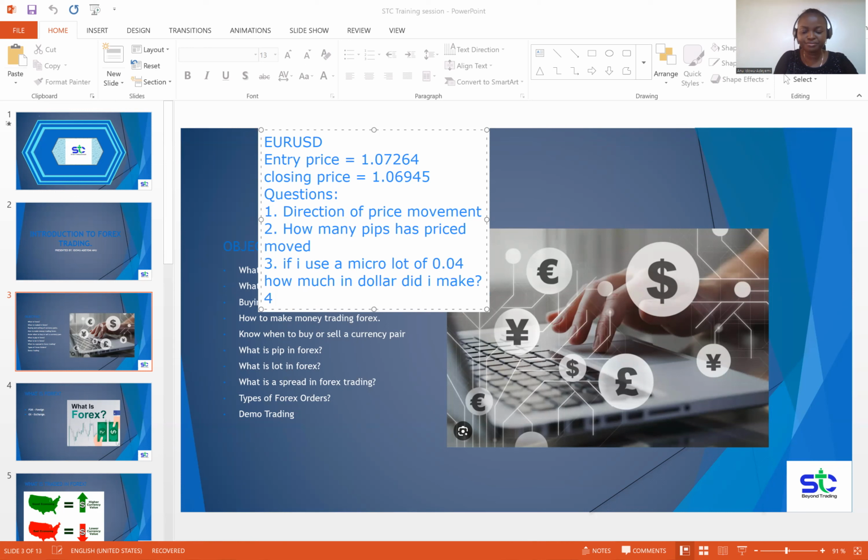Question 4: if I use a mini lot of 0.08, how much in dollars did I make?